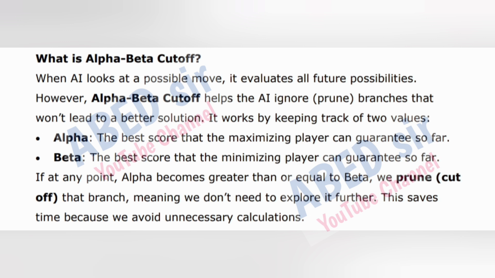It works by keeping track of two values: alpha, the best score that the maximizing player can guarantee so far; beta, the best score that the minimizing player can guarantee so far. If at any point alpha becomes greater than or equal to beta, we cut off that branch, meaning we don't need to explore it further. This saves time because we avoid unnecessary calculations.